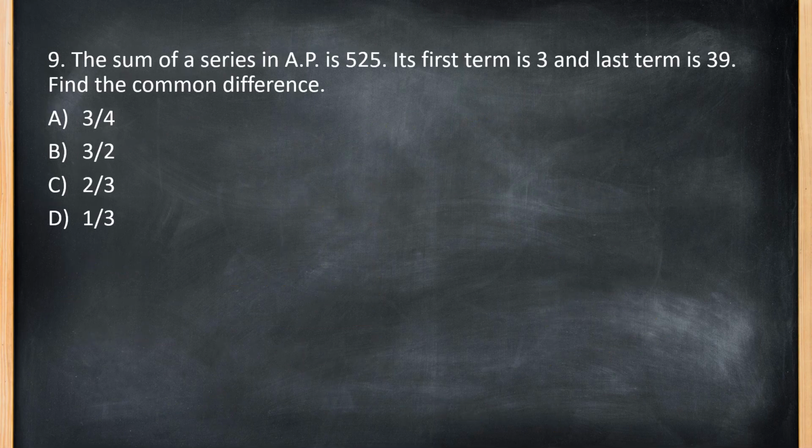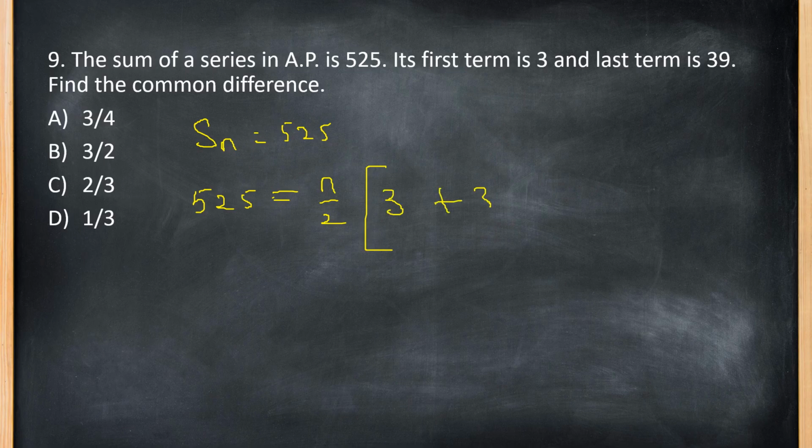The next question is here, the sum of the series in AP is 525. Okay, sum of the series in AP. So Sn is given by 525. If the first term is 3 and the last term is 39, find the common difference. So 525 is given by n by 2 into the first term plus last term, the same formula we saw in the previous case, 3 plus 39.